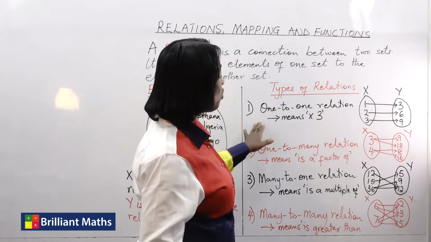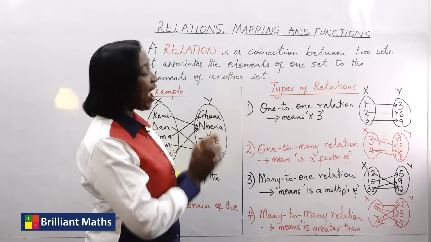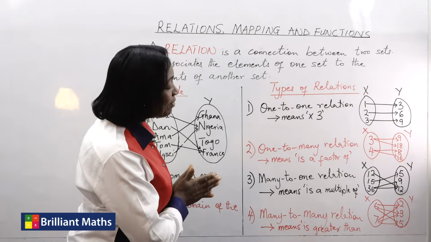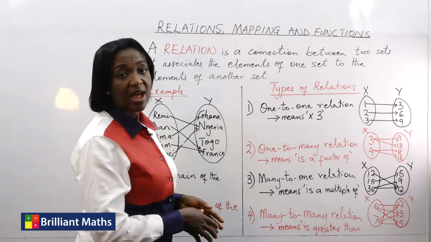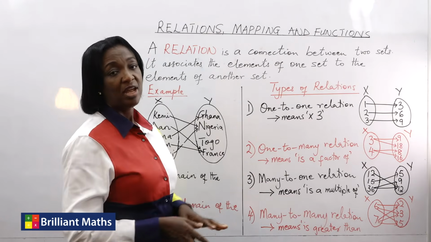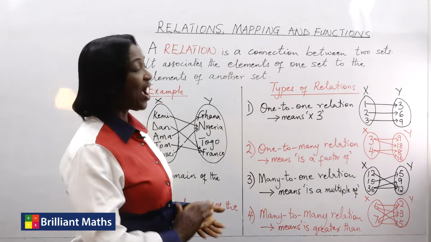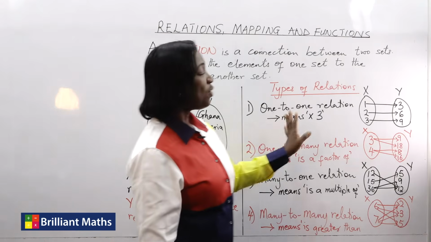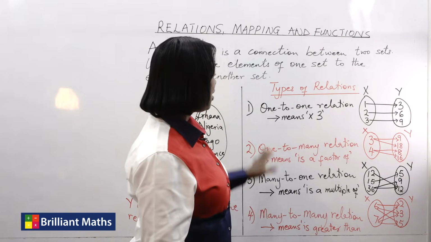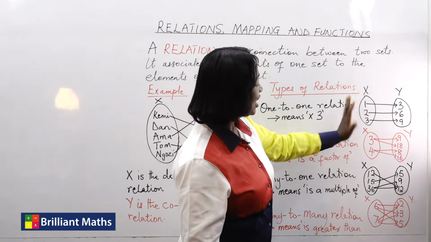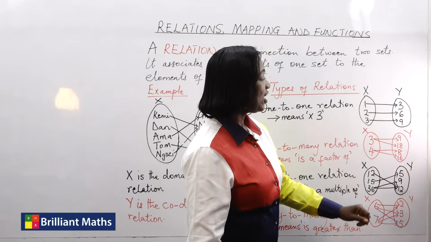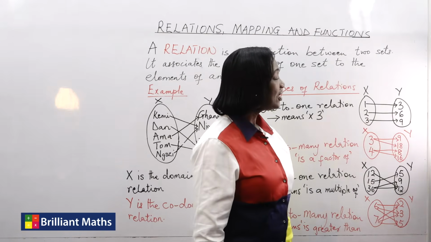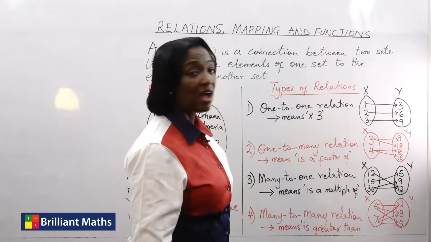We have one-to-one relation, where every element in the domain has an image in the codomain. When you have that, that is called a one-to-one relation. For example, we have the set X with 1, 2, 3, and the codomain 3, 6, 9.